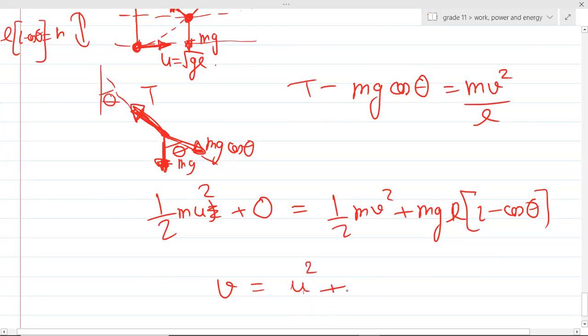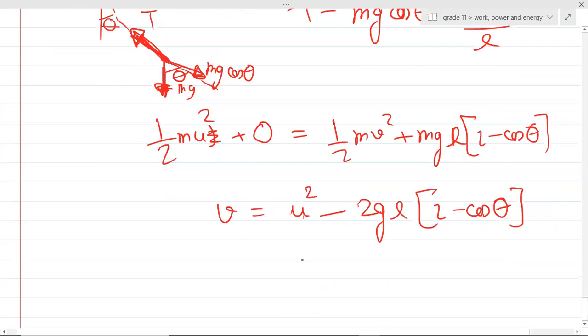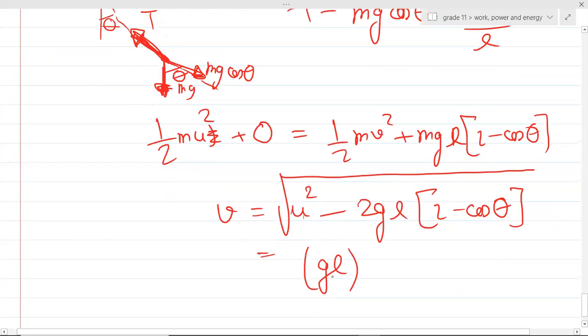Is it understandable, guys? Even if you don't remember the formula, it's okay, it doesn't matter. So u square will be equal to gl, hence v square will be gl minus 2gl into 1 minus cos theta, and this is the velocity, right?